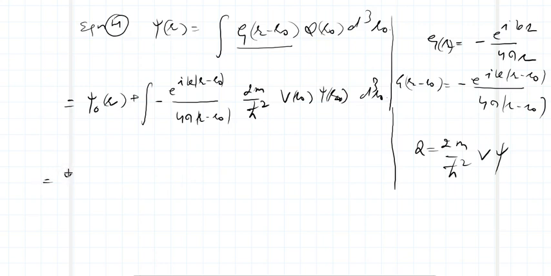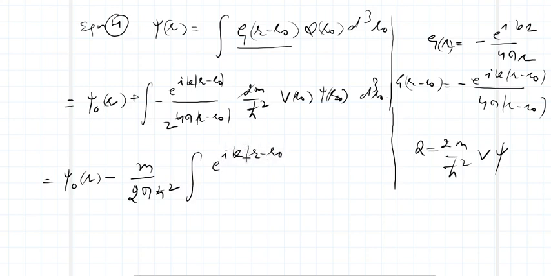So this can be written as psi r equal to psi naught r minus m over 2 pi h cross square, because the 2 will cancel out, times the integral of e raised to power iota k mod r minus r naught divided by mod r minus r naught, times V(r naught) psi(r naught) d cube r naught.